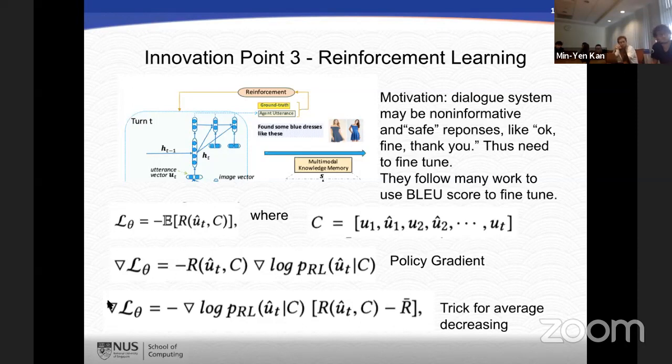Yeah. So do you guys all get that point about beam size that Liangming was talking about? No. Okay. I don't know what beam you're referring to. Beam is the size of the number of hypotheses that you might be using for generating the response. Right.